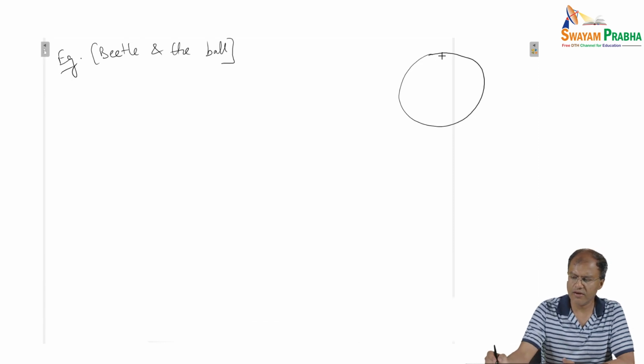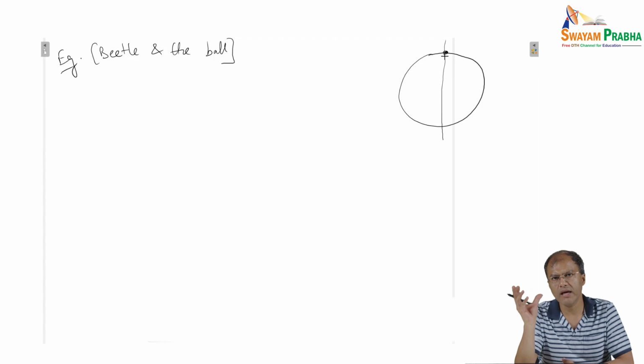So we have a beetle or an insect which is on the ball. At t equal to 0, the beetle is at a point which lies on the axis of rotation of the ball, being a sphere, and we can certainly take the sphere to be a hollow object. The ball is a hollow object, but eventually that doesn't matter in the problem, as we shall see.